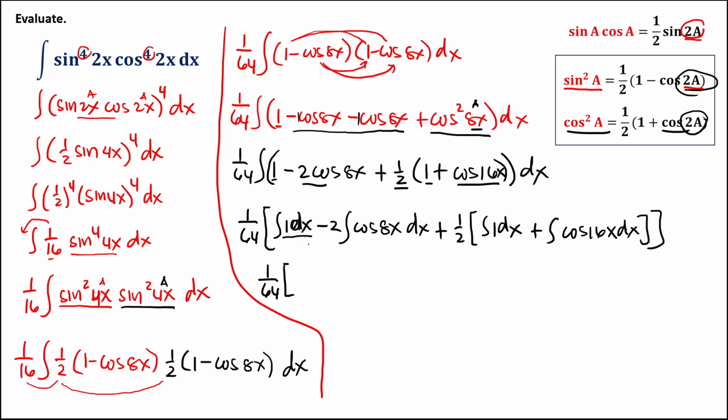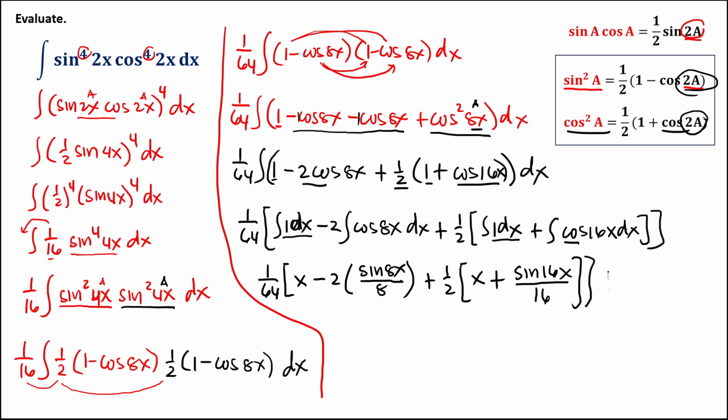The integral of dx is x, then minus, bring down the constant, times the integral of cosine, which is sine 8x over the derivative of 8x, that's 8, then plus 1/2, then the integral of dx is x, then plus the integral of cosine, which is sine 16x over the derivative of 16x, that's 16, then plus c.